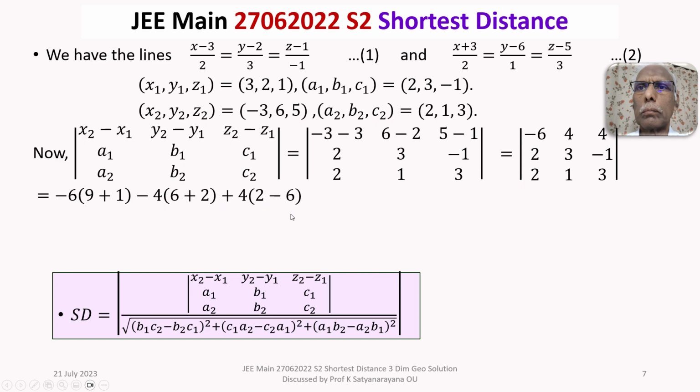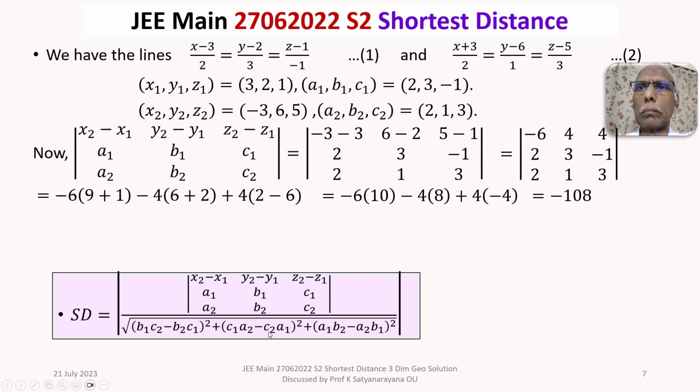Simplify, you get minus 6 times 10 minus 4 times 8 plus 4 times minus 4. And you simplify all this, you will get minus 108. So that is the determinant value.